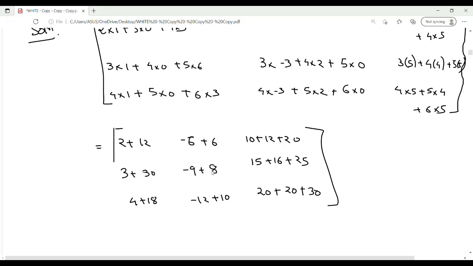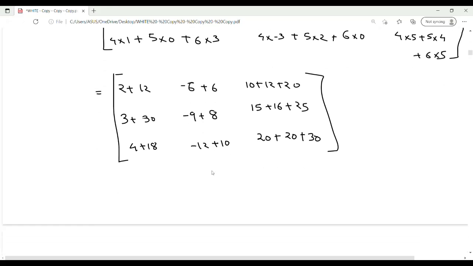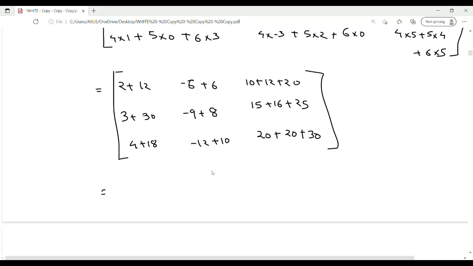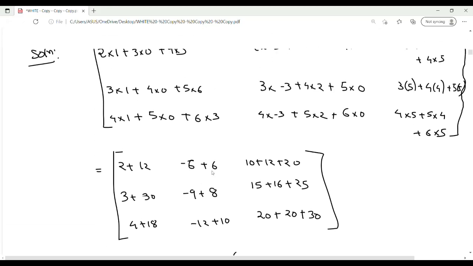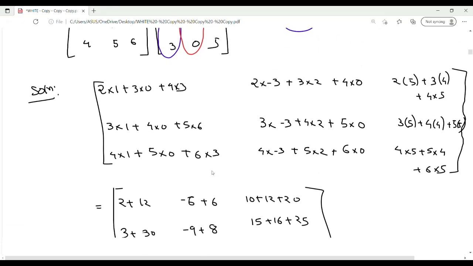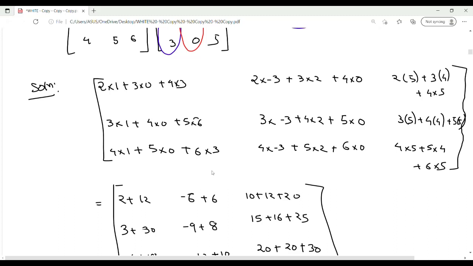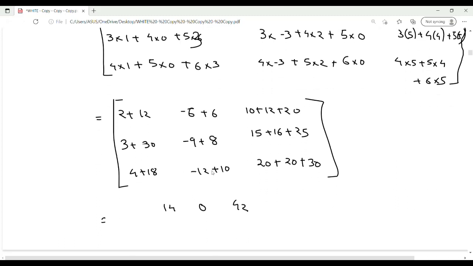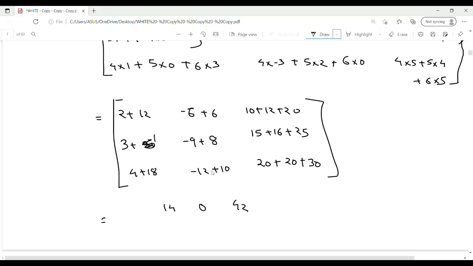Okay, so next we have to just add this. 12 plus 2 will be 14. Here we will get 0, and then 22 plus 20 will be 42. Here we will get 33. Okay, so let me see. 5 into 6, no, it will be 5 into 3. I am mistakenly writing. Okay, so it will be 15.